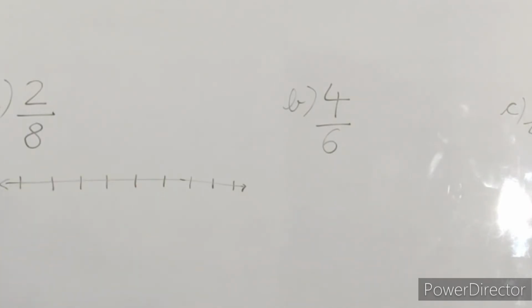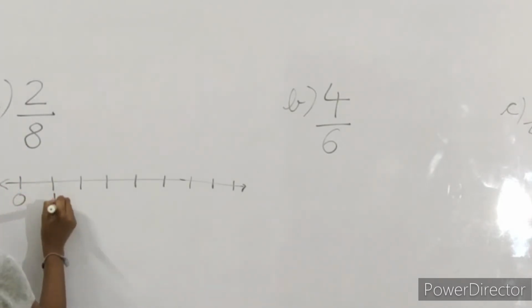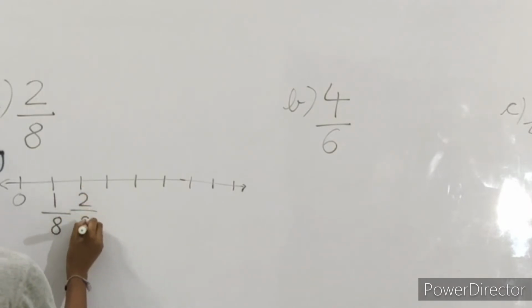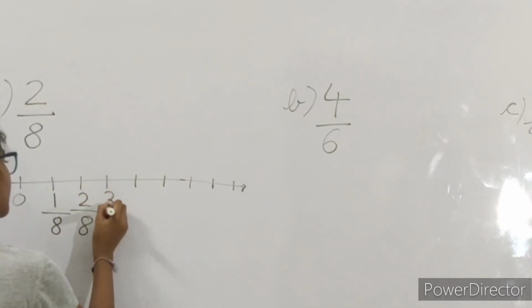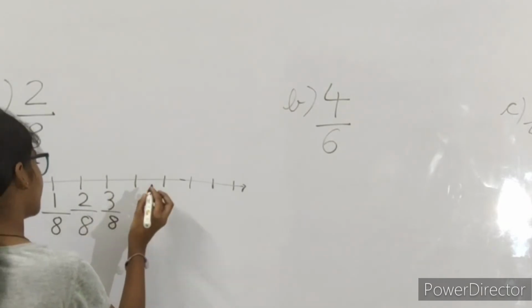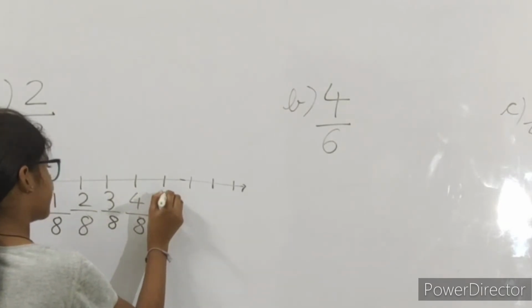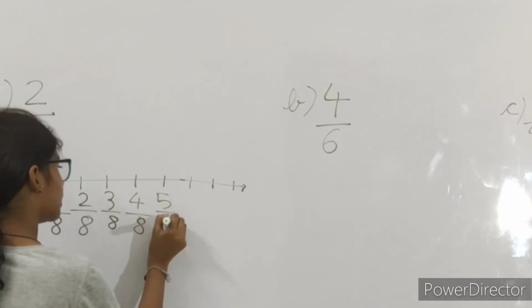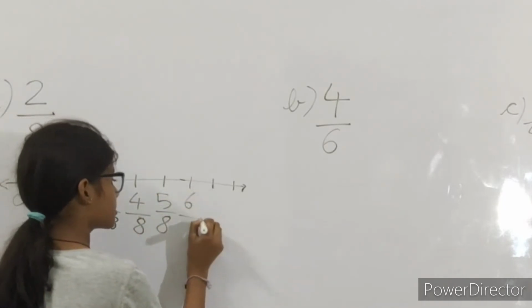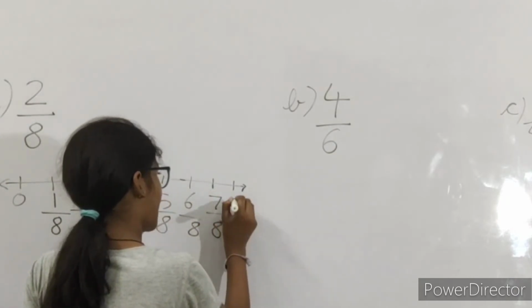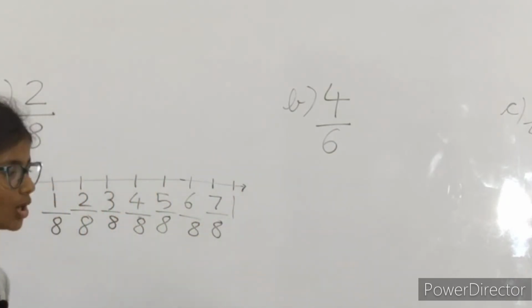Then 0, 1/8, then 2/8, then 3/8, then 4/8, then 5/8, then 6/8, then 7/8, and then 1.